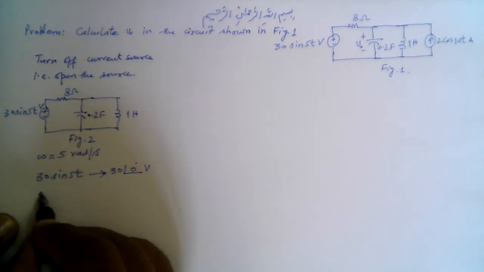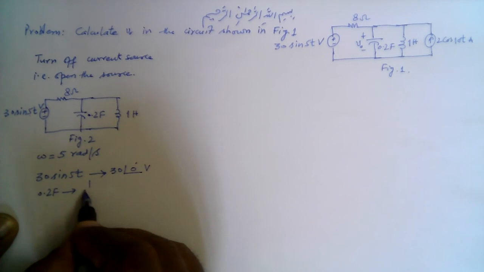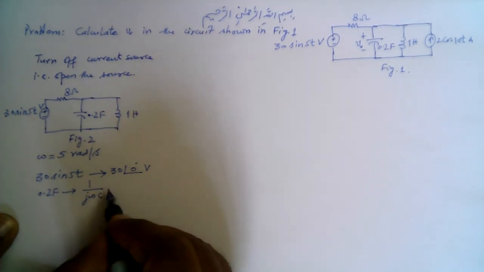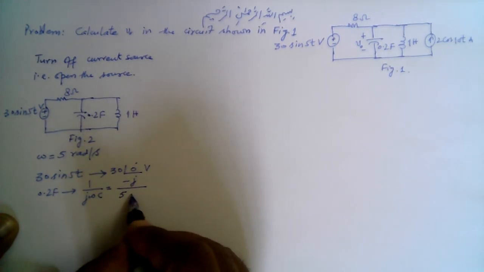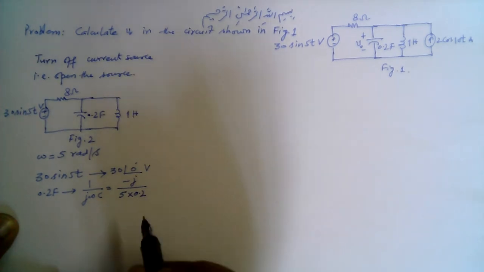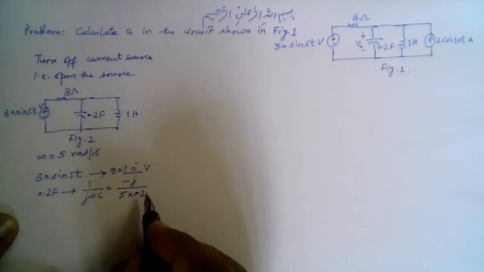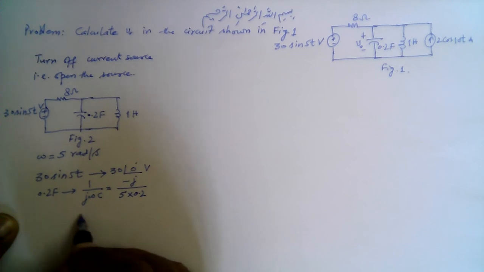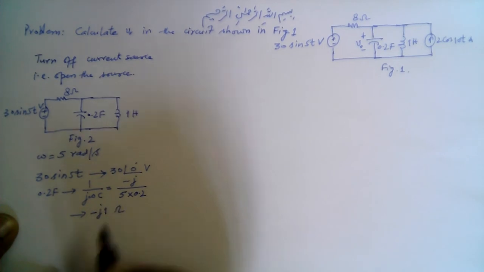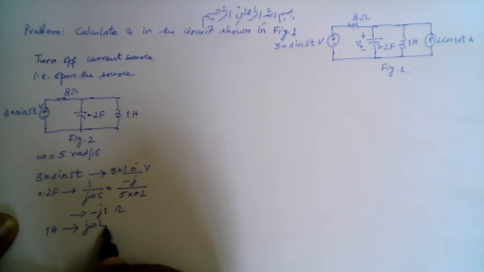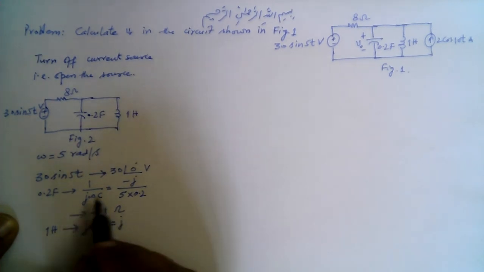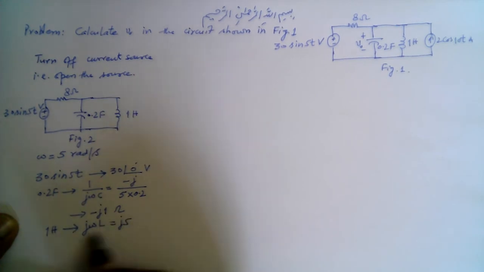Then the 0.2 farad capacitor, that is 1 over j omega C in the phasor domain, that is minus j over omega C, where omega is 5 and C is 0.2. So 5 into 0.2 is 1. So this is basically minus j1 ohm, right? And then we have the 1 Henry inductor, that is j omega L, where omega is 5 and L is 1, so that is j5 ohm.